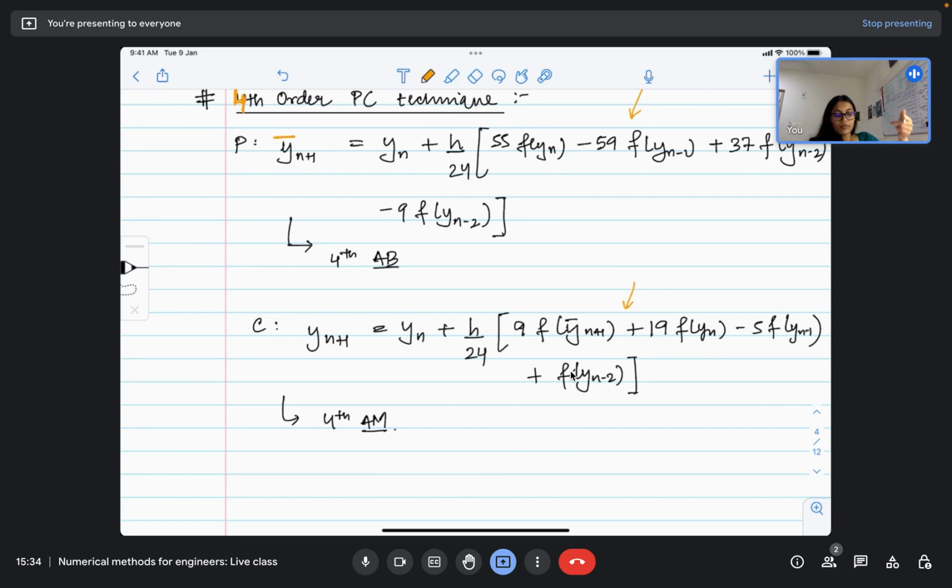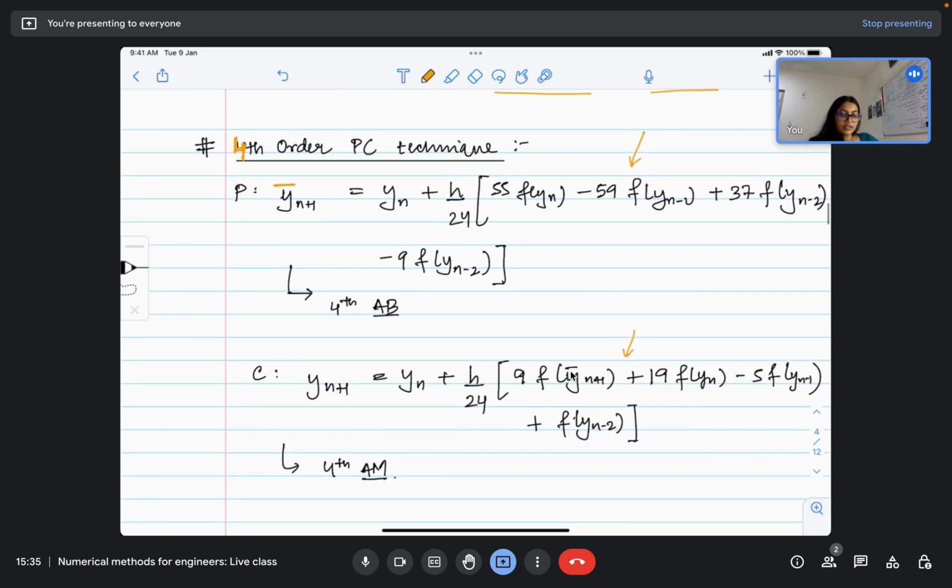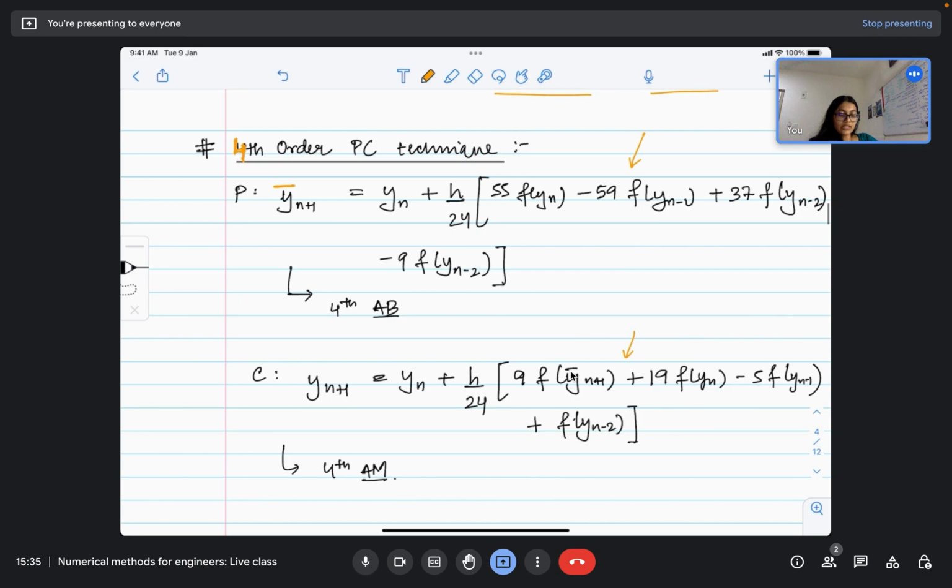I've just written the formula here for you to understand how exactly it proceeds. So here it's 55 times f of yn minus 59 times f of yn minus 1 plus 37 times f of yn minus 2 minus 9 times f of yn minus 3. Sorry, that last one needs to be n minus 3, not n minus 2.